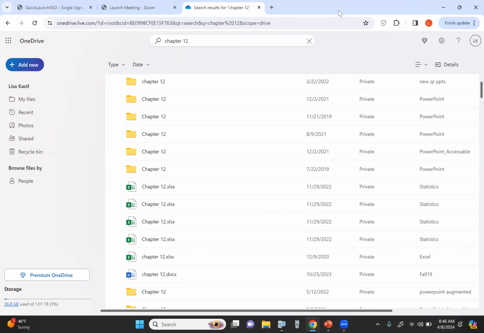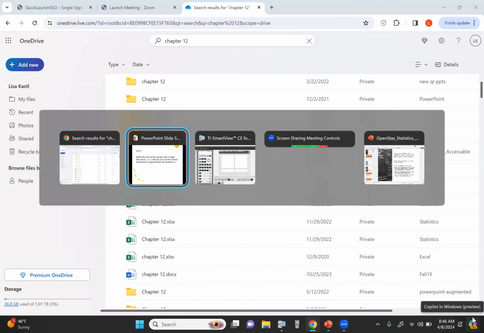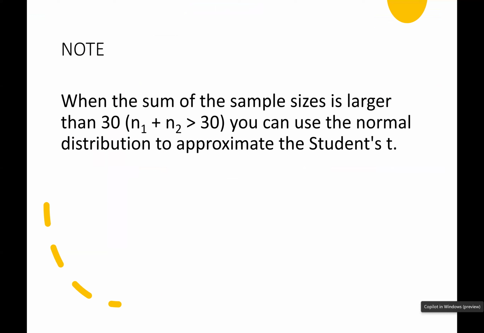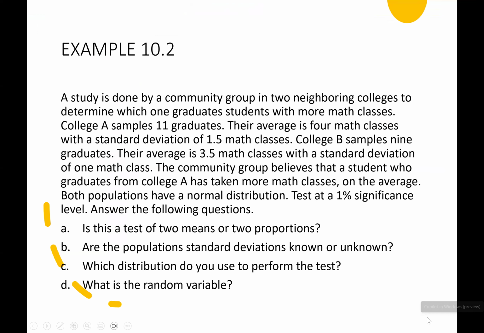There aren't really any tables that will do that. All that explanation is just to tell you that with the advent of calculators and Excel, you probably don't need to use the normal distribution to approximate the t-distribution. All right.